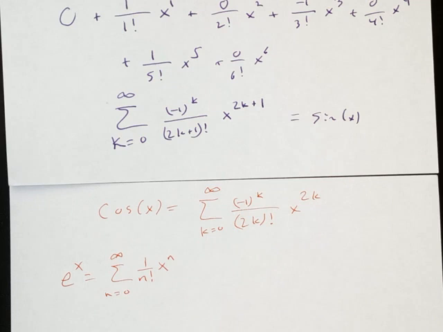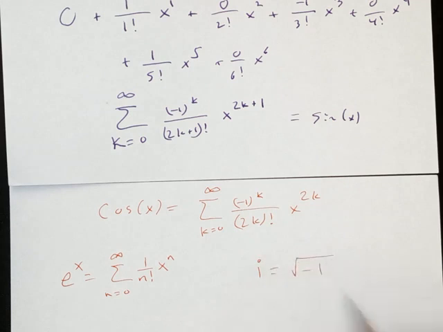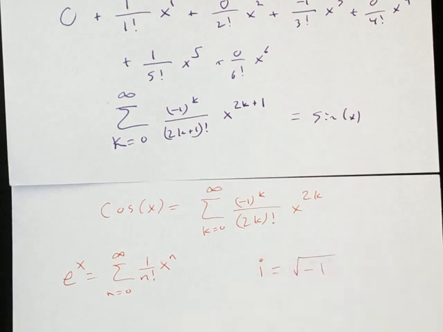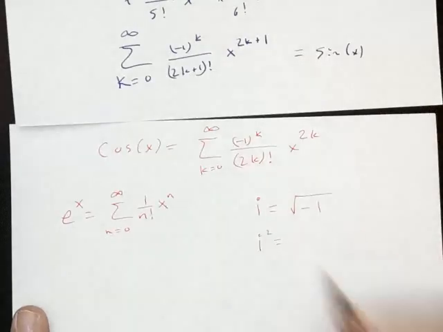I need to introduce you to the best number in the universe. The imaginary unit, i, square root of negative 1. Remember this quadratic formula? We did that way back in algebra class. Well, wait a minute. If i is the square root of negative 1, then what's i squared?